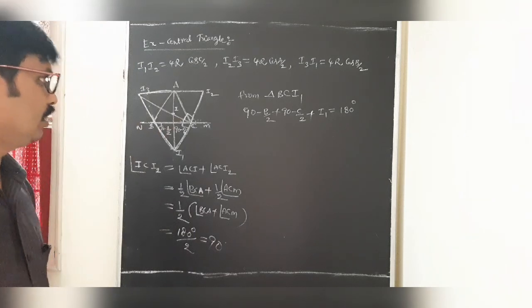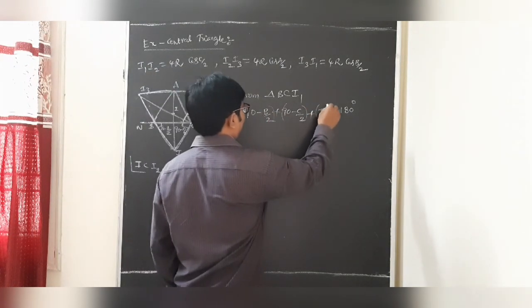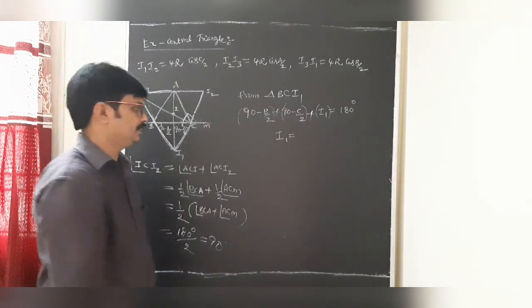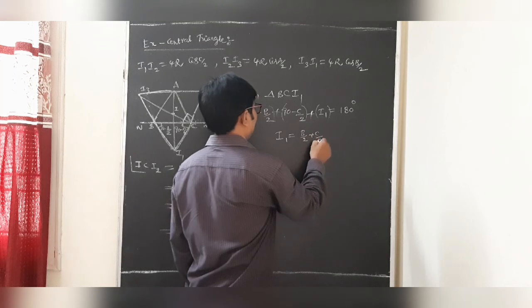Sum of the angles in a triangle is 180 degrees. So here we get I1 equal to 180, cancel, this is B by 2 plus C by 2.